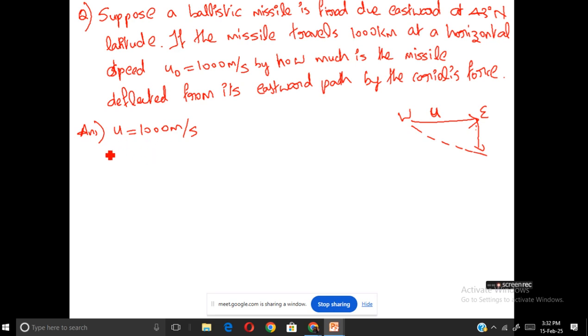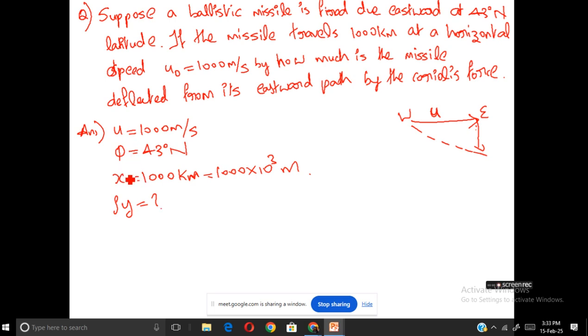Here u is 1000 meter per second, phi is 43° north, and the distance traveled x is 1000 kilometer, or 1000 into 10 raised to 3 meter. We want to find the deflection of the missile in the y direction, so delta y we need to find.